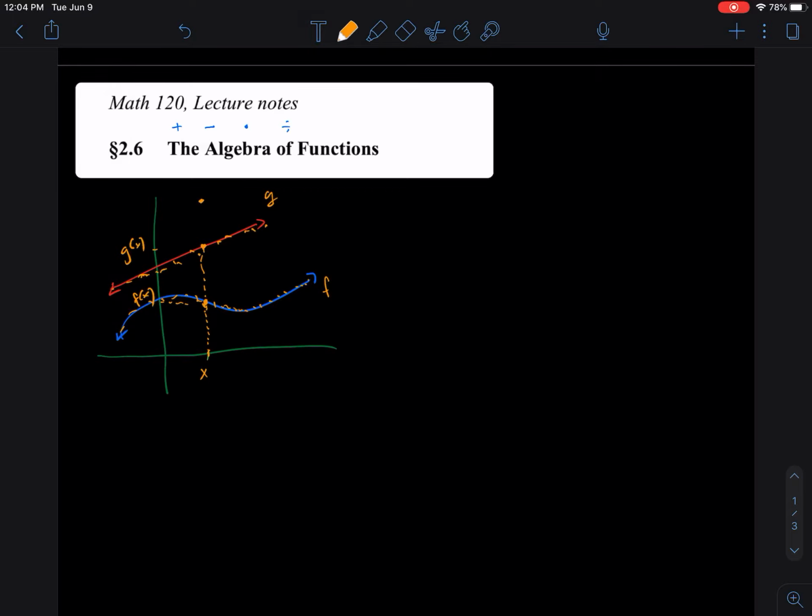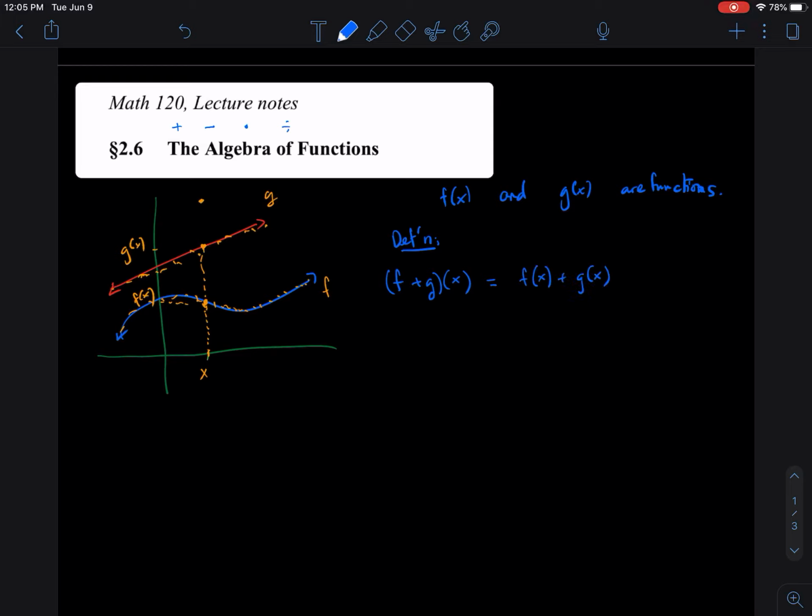So when we define this, we say that if you have two functions, f of x and g of x, whatever the formulas or equations might be, we define the function f plus g at any arbitrary input x as simply whatever the formula is for f of x plus the formula for g of x.